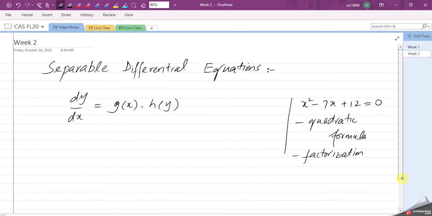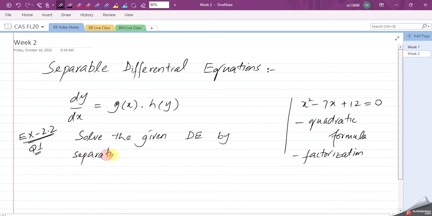Let's take a very simple example. For example, this question, it says solve the given differential equation by separation of variables.